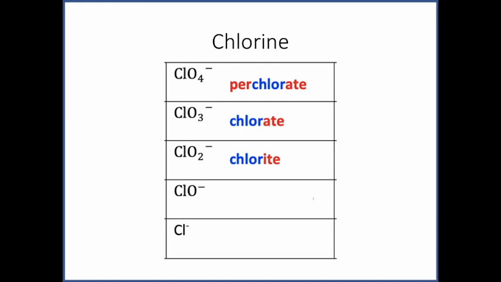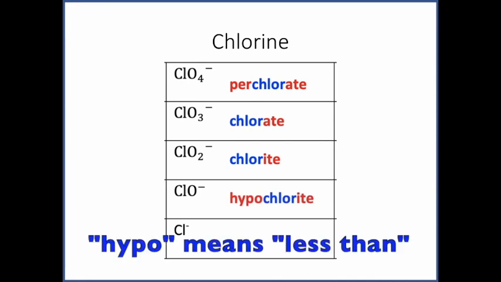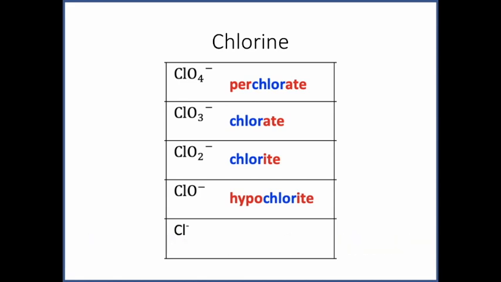"Ite" is our suffix. And if there's 1 oxygen, it's called hypochlorite. Hypo means less than. If there are no oxygens and it's a monoatomic ion, the suffix is "ide." The charge on the chloride ion is -1. That is also the charge on the oxyanions.